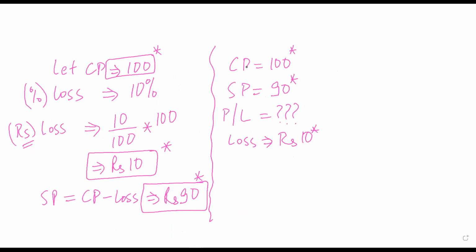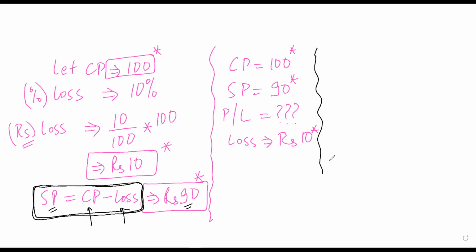See, usually students like formulas. The basic formula that we are using is that selling price is cost price minus loss. So whatever is your cost price, you subtract the loss from it, you will get the selling price. Is it okay till here? Yes, sir. Now what is the information that we have got?